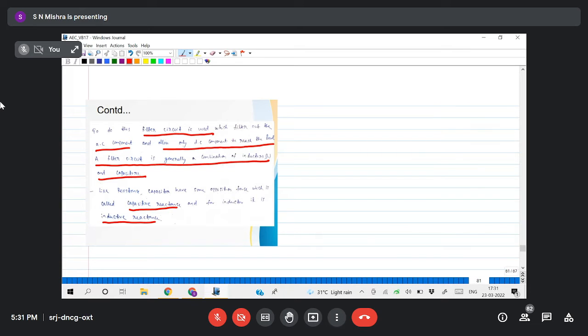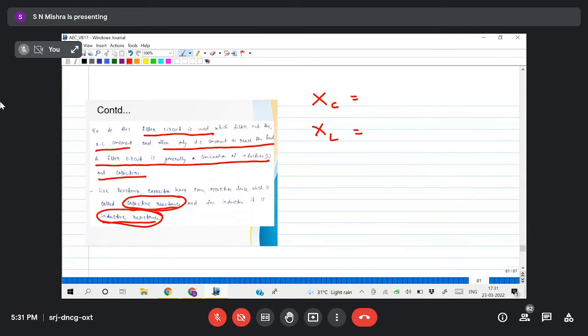Okay. And do you know how we represent capacitive reactance or inductive reactance? Do you remember XC and XL? Have you used this notation earlier? Yes, sir.